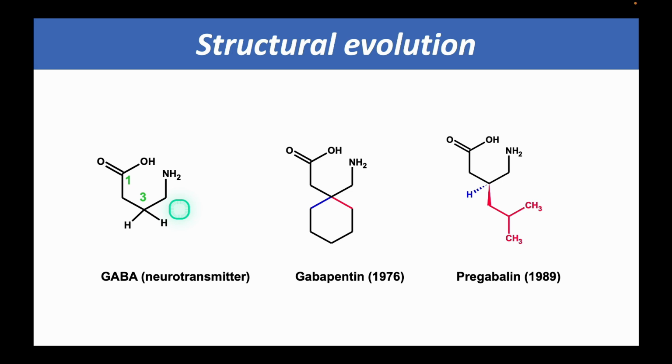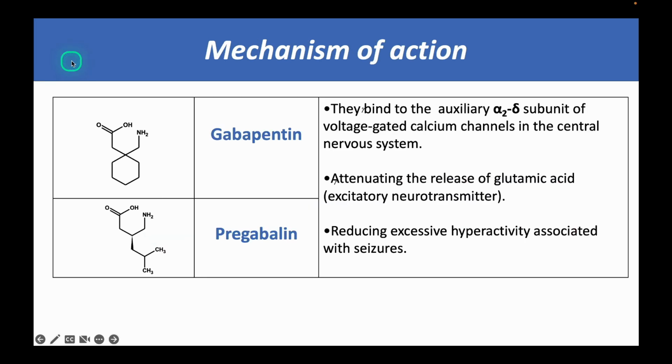As can be seen, both drugs can be considered derivatives of GABA as they have substituents in the 3 position of GABA. However, gabapentin was created with the idea of being an analog of GABA and mimicking its neurotransmitter function. But to the surprise of its inventors, it acts on a different receptor than GABA, and the same was true for pregabalin.